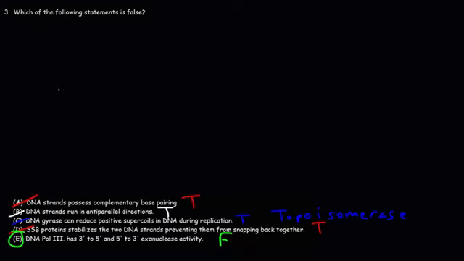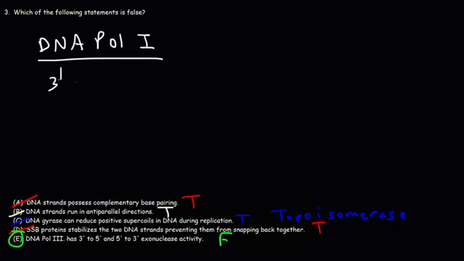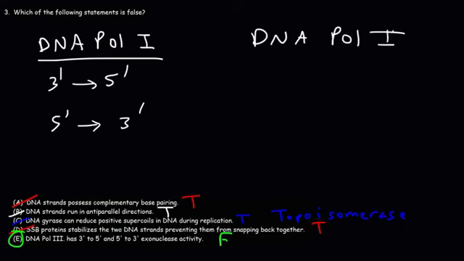You need to know that DNA polymerase 1 has both 3-5 exonuclease activity and 5-3 exonuclease activity. DNA polymerase 3 only has 3-5 exonuclease activity. It doesn't have the 5-3 exonuclease activity.